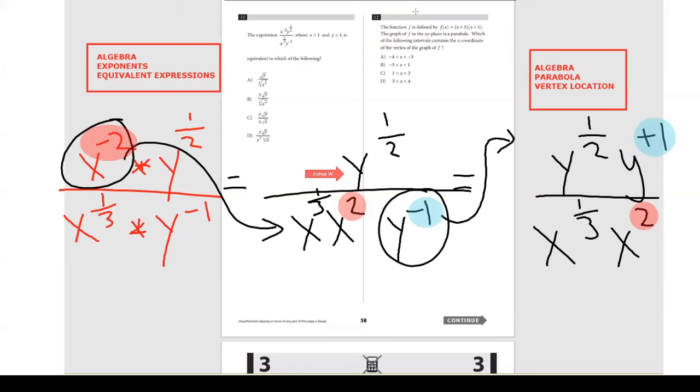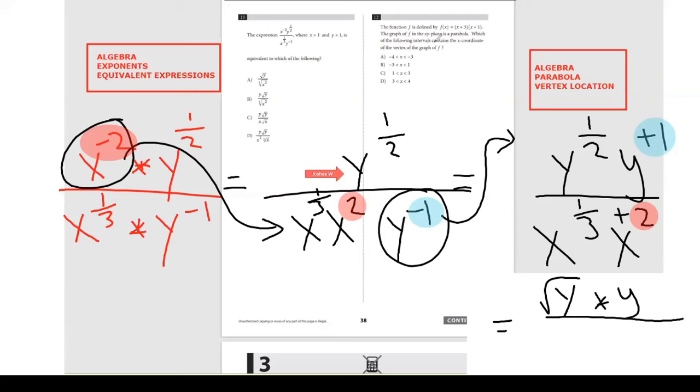Since it's y to the 1st, you could just make it equal to y. And then for y to the half, that's the same thing as saying the square root of y. All right, so then you knew what nth roots were. So the half power is the square root. So now the numerator is square root y times y.